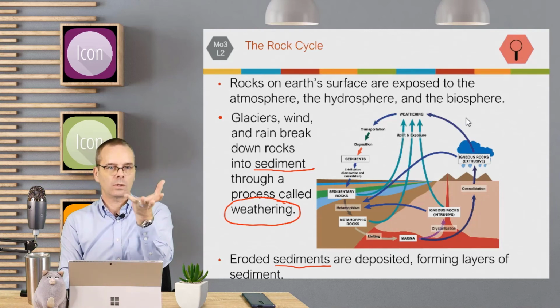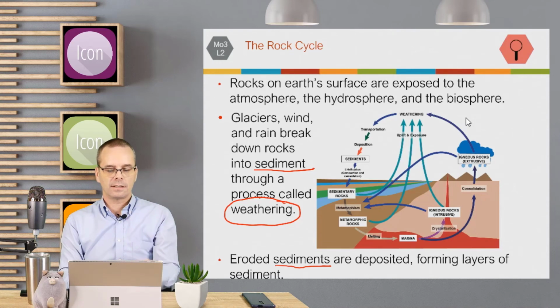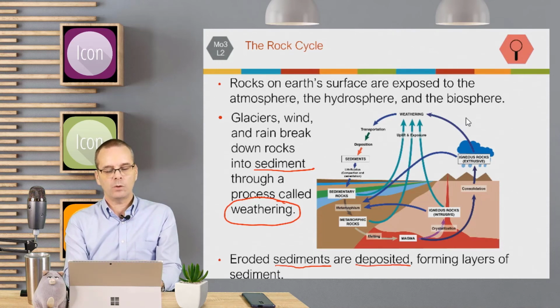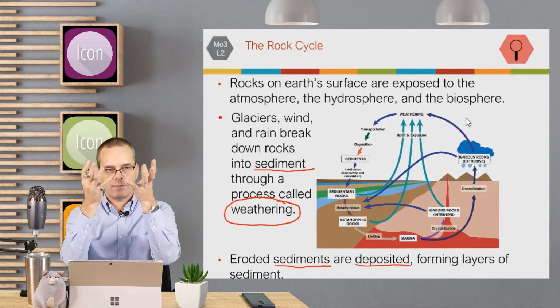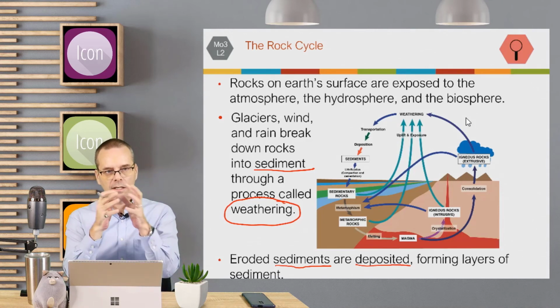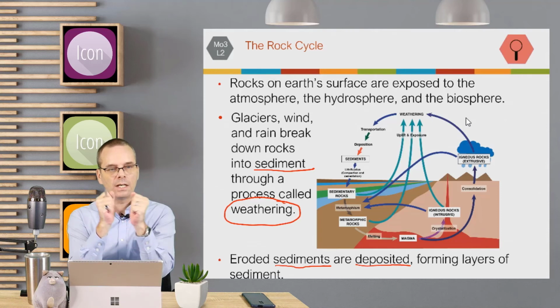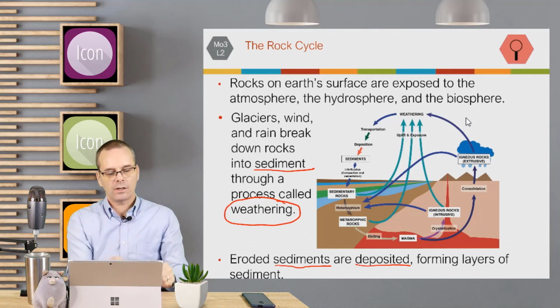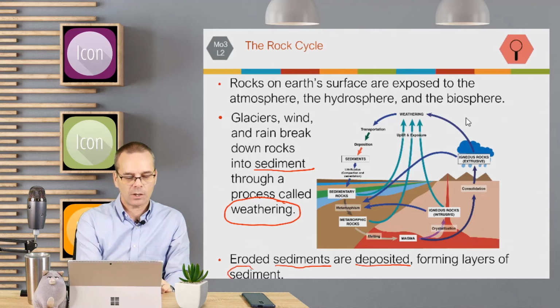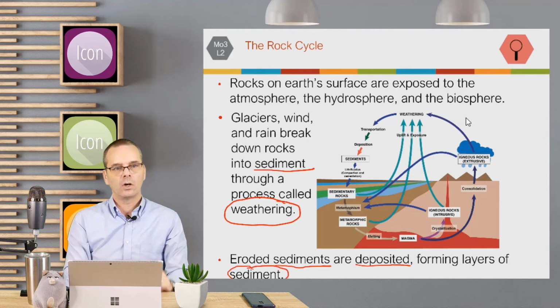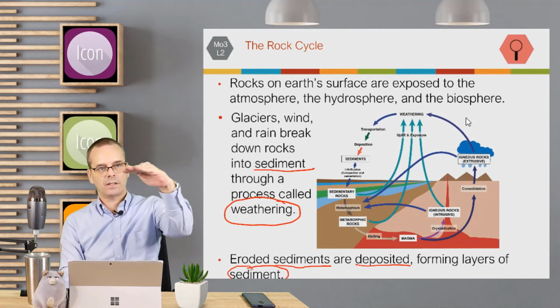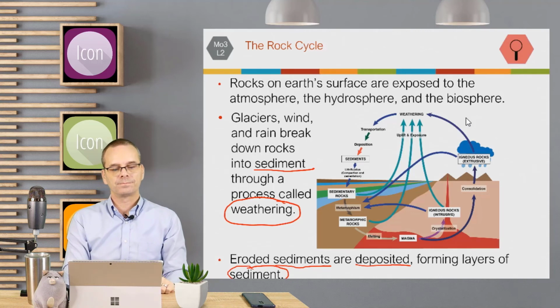Now, when these sediments flow down into rivers or down the mountains or wherever they're going, once they settle and stop moving, we say they've deposited. And once they've deposited, they start to get pushed together. Not like metamorphic rock, but they push together and form sedimentary rocks, or layers of sediment that you will see when you dig through.